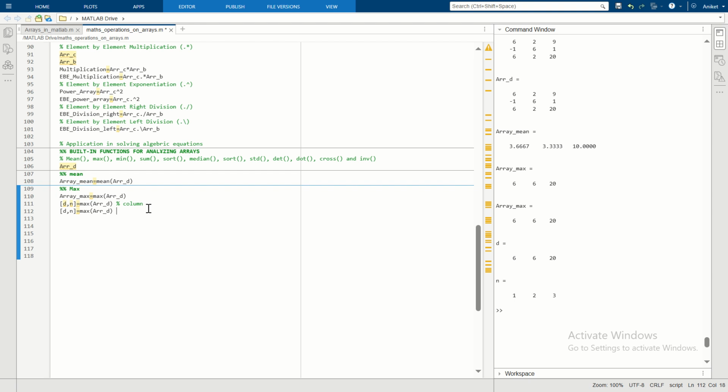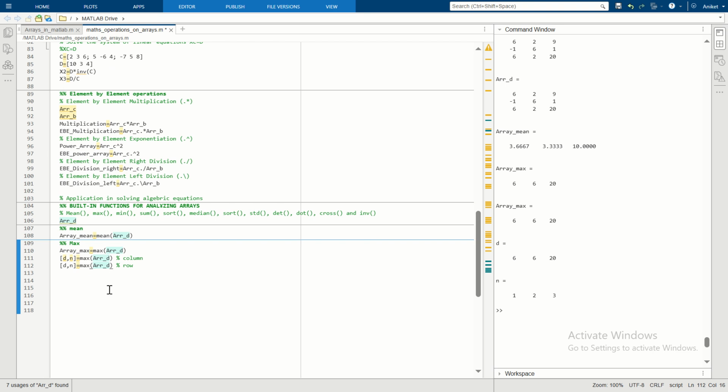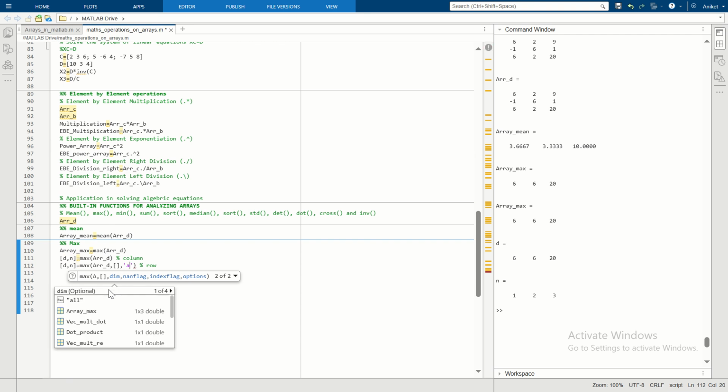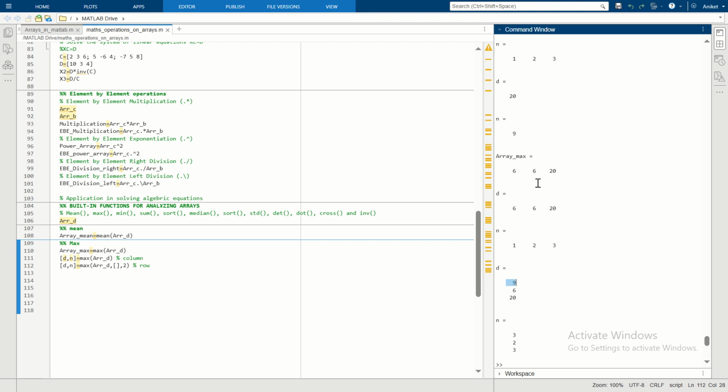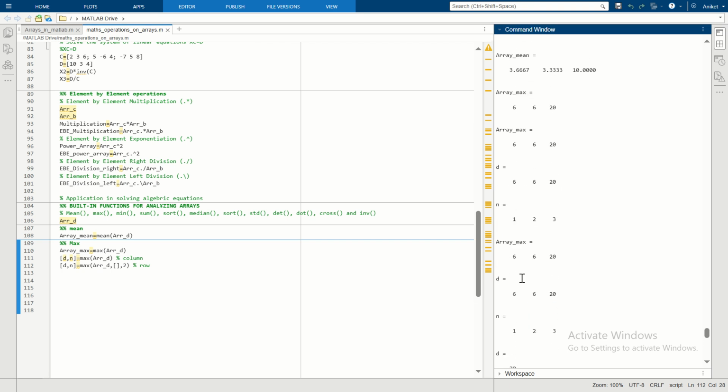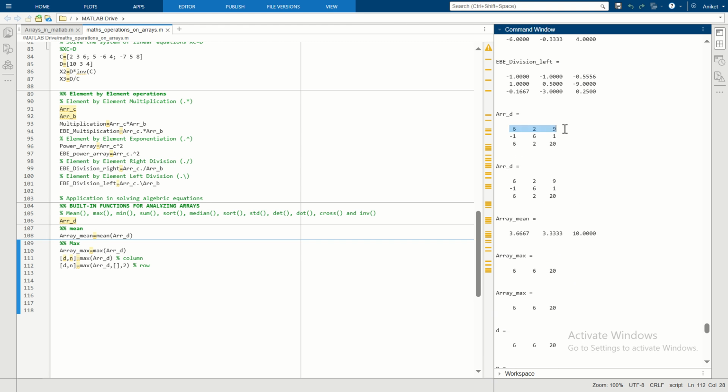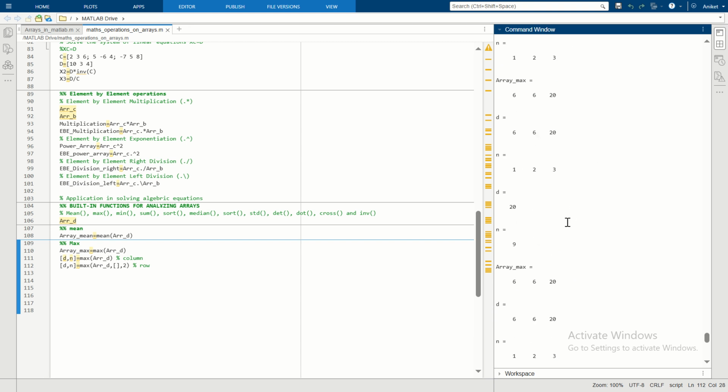Now if you want row wise, we have to do this thing and 2, or all. So all is giving a single value, and if we do it with 2, the row wise result is: in the first row we have maximum element 9, in the second row we have 6, and in the third row we have 20.